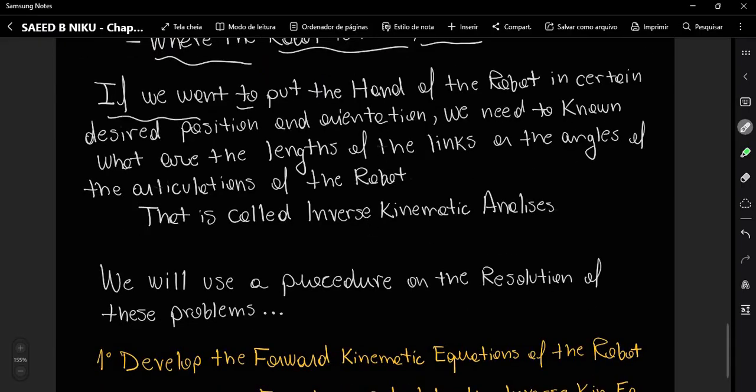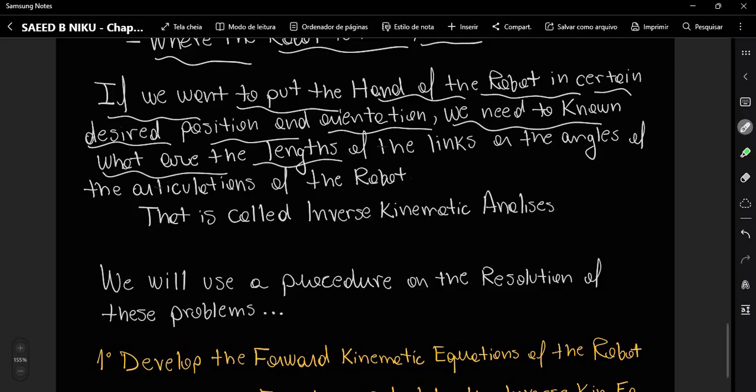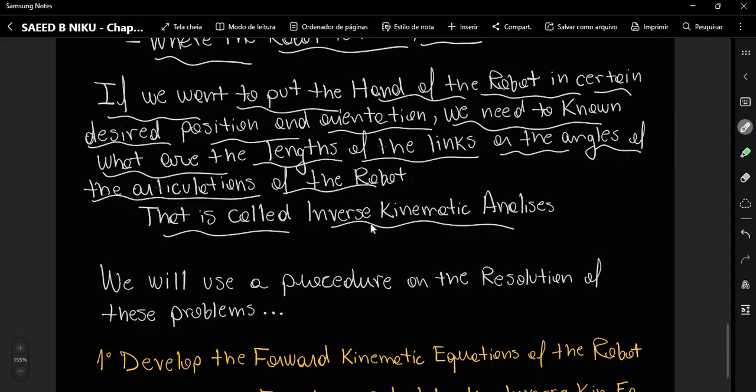If you want to put the hand of the robot in a certain desired position and orientation, we need to know what the lengths of the links or the angles of the articulations of the robot are, and that is called inverse kinematics analysis.